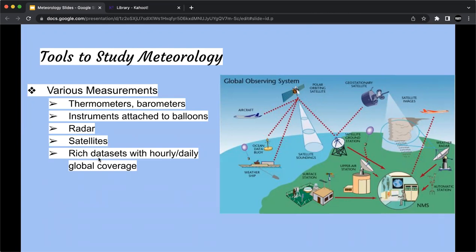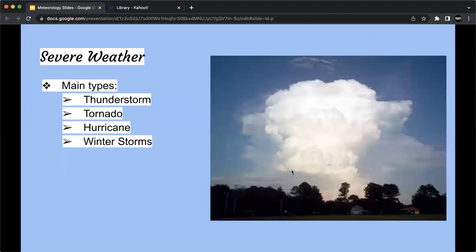Okay, let's move on to severe weather now. Like I said, I'm mainly going to cover severe weather because it's one of the main topics for Science Olympiad. Over here, we see the main types, such as thunderstorms, tornadoes, hurricanes, windstorms, and yeah.